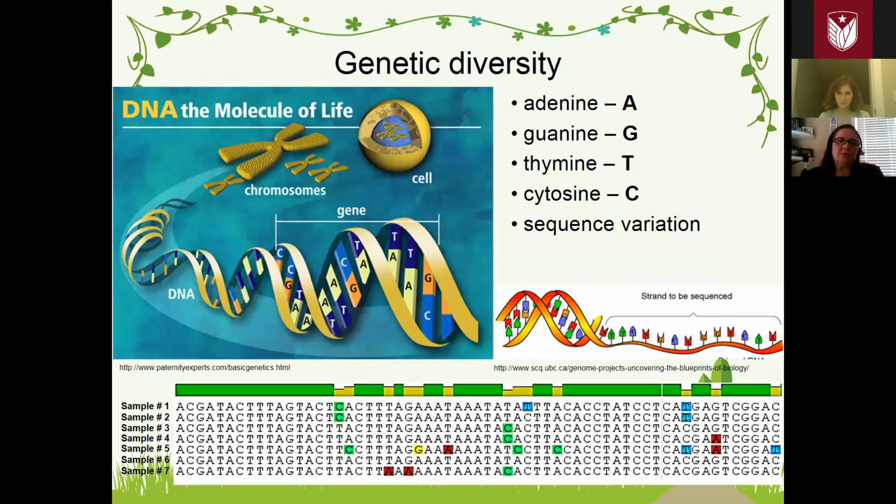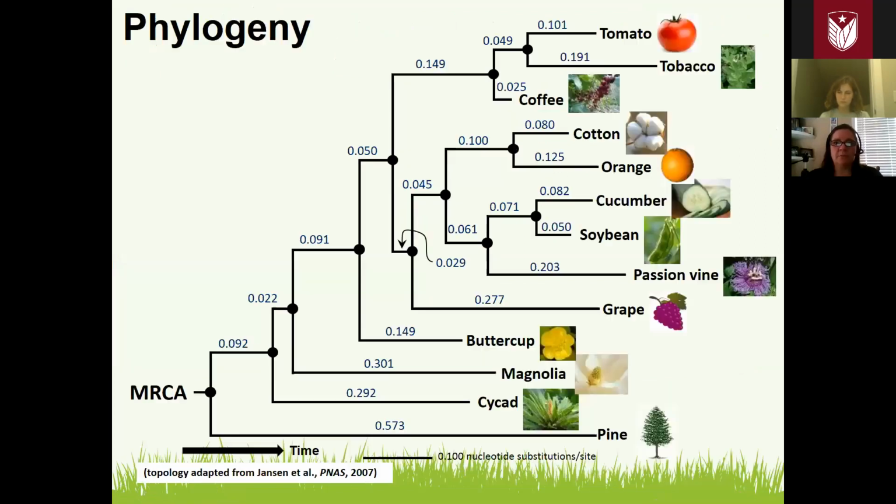Now, we also use these gene sequences. I have down in this table 7 different samples, so DNA sequences from 7 different organisms. What we do is we take a piece of that DNA and we compare them among individuals to see which ones are more similar, which ones are more different, which ones are more closely related to each other.